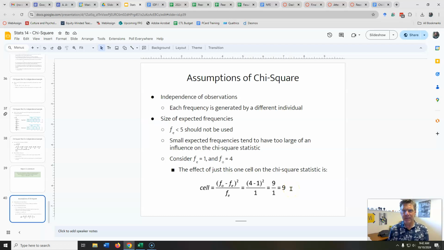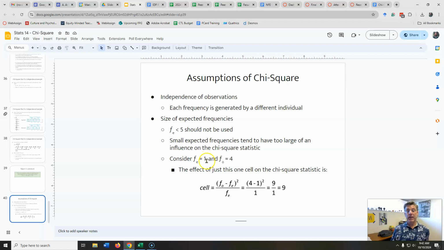9 is quite a bit of difference between the observed and the expected frequency. So what's happening here is that it's only a 3-point difference between an expected frequency of 1 and the observed frequency of 4. But that actual observed frequency is 4 times bigger because 1 is such a small number. So when you have expected frequencies that are very small, it kind of exaggerates how much the difference is.